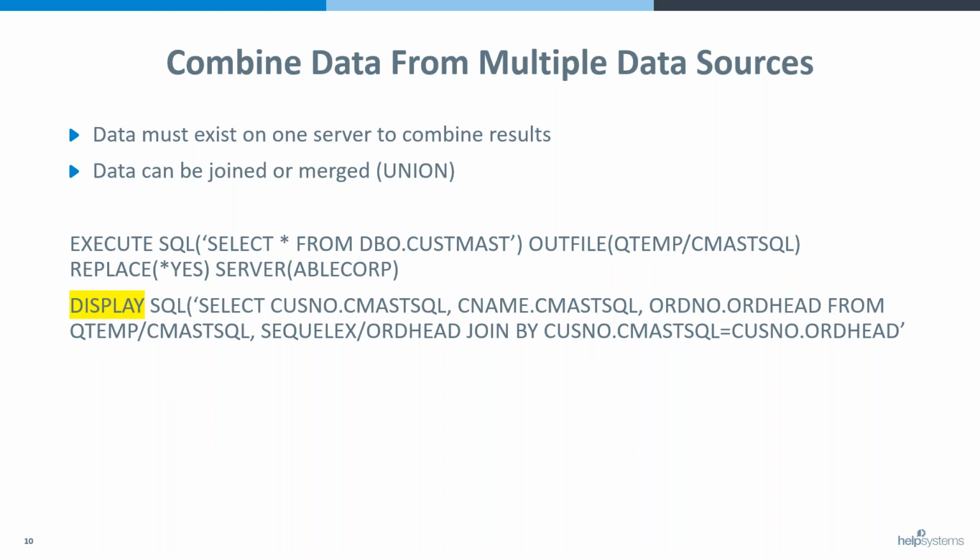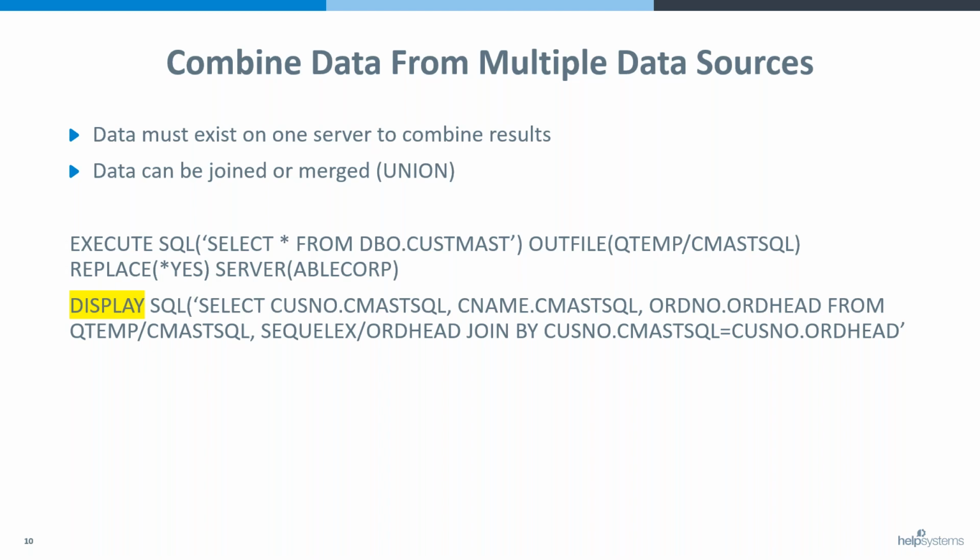And if you need to ever compare the data when it's on different servers, whether it's comparing it, joining it, or merging it together, like with a union, you've got to get that data on the same server. We cannot query data that is on different servers. And the best way to do that is inside of a script view.